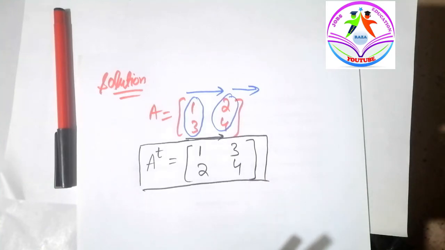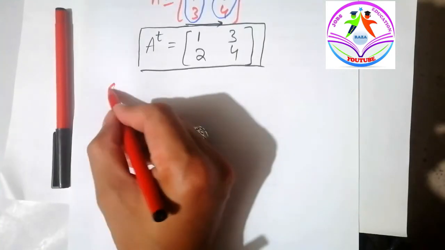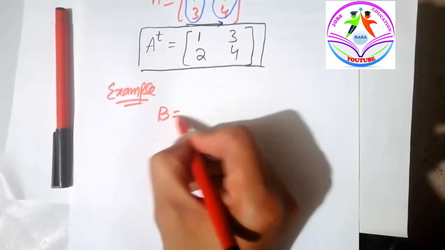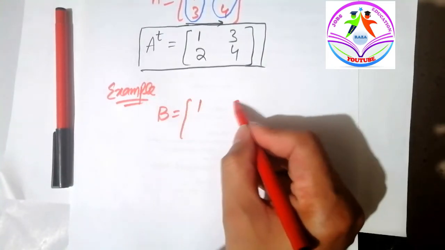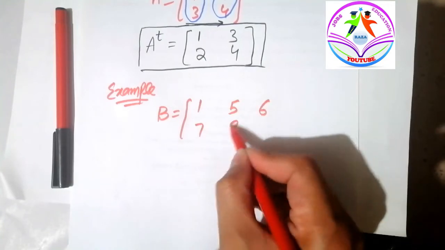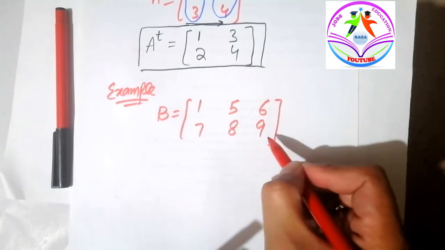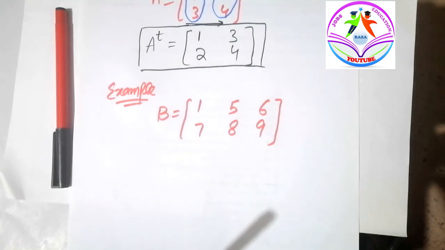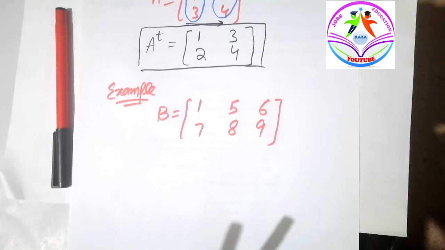Let me give you another example. Let B be equal to 1, 5, 6, 7, 8, 9. You have 3 seconds to observe that and write your answers in the comment section. You can pause the video and write your comments. Let me solve it for you.